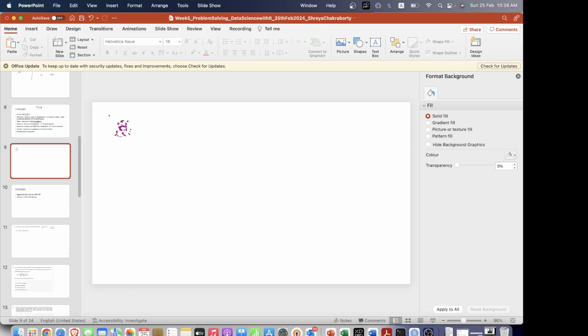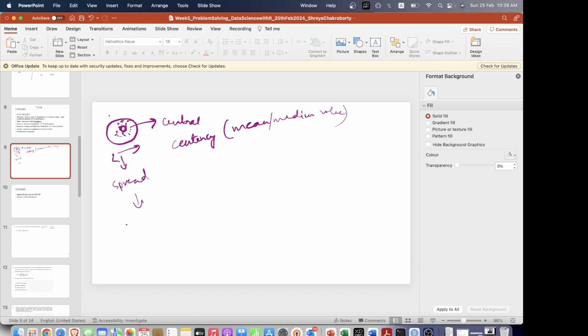So this central figure somewhere here, around which all the points are clustered, this would be a measure of my central tendency, some mean or median value. And this area, how it is spread, this spread would be given by measures of dispersion.